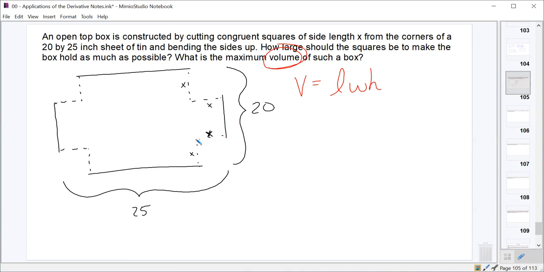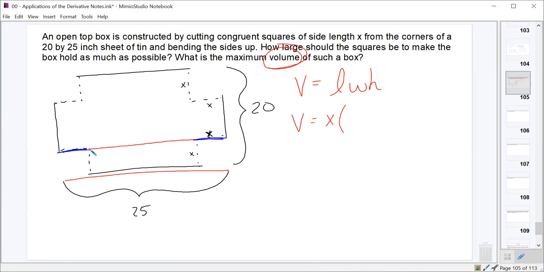So one of our terms, length, width, or height, doesn't really matter what you call them, is going to be x times something times something else. So we'll call this one from here to here the length. And our original length along the side was 25. But on both sides, we've cut off x units on each side.